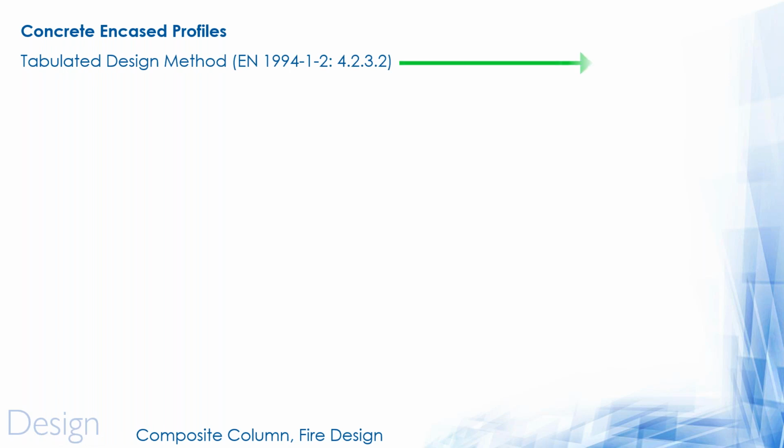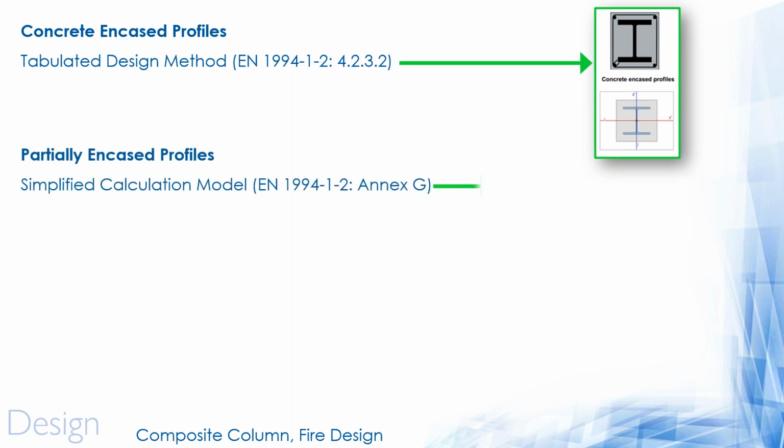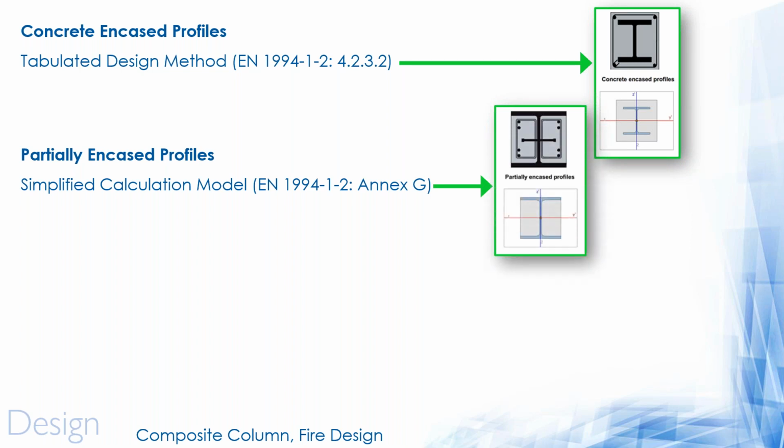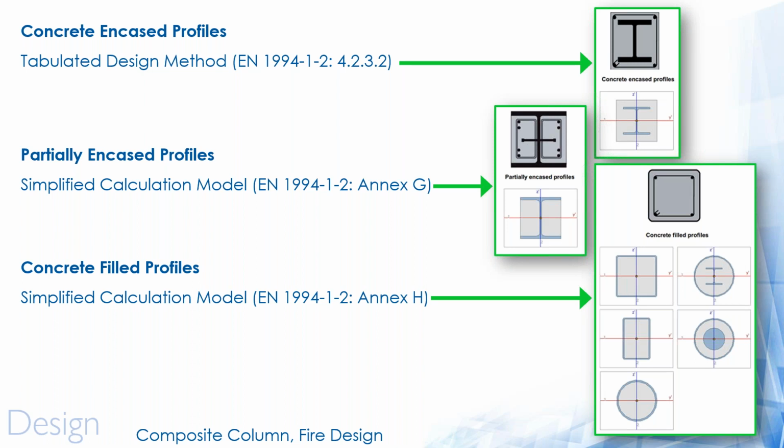The next is the composite column fire design, which is new. Also, there are 3 types that we have: the tabulated design method for the concrete encased profile, in the partially encased profile a simplified calculation model is implemented, and we have the concrete filled profile.